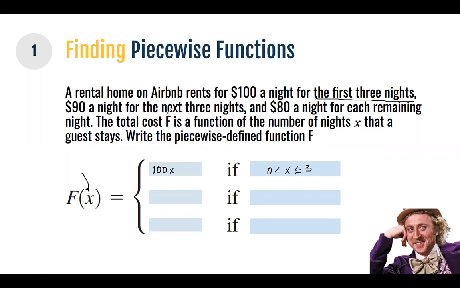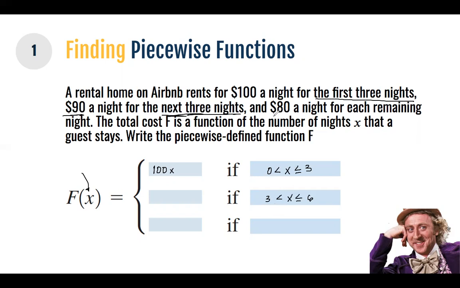Then it's telling us that the next 3 nights are $90 a night. That means that X has to be greater than 3. And because we're dealing with only 3 nights, if we already had 3, then another 3, we have 6 nights. So this condition is going to work for numbers greater than 3 and up to exactly 6.